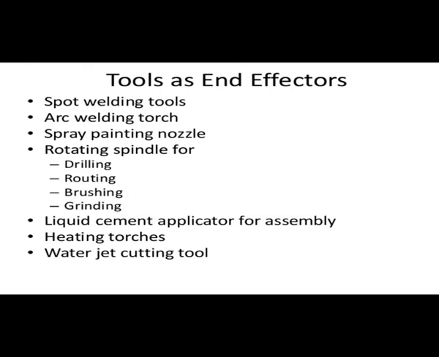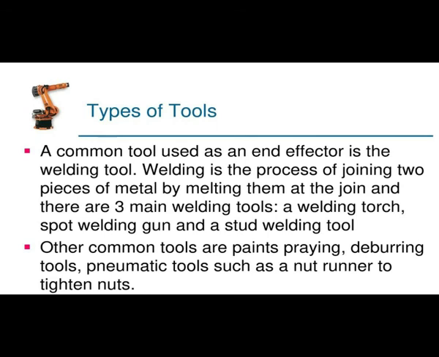Here in this slide you have more than one tool to be used by the robot in the work cycle. The use of a gripper permits the tools to be exchanged during the cycle and thus facilitates this multiple tool handling function.